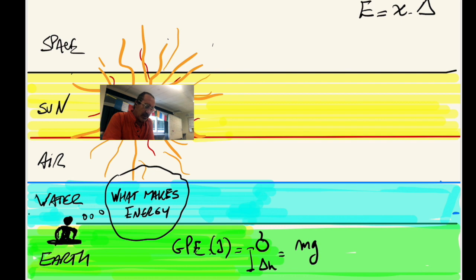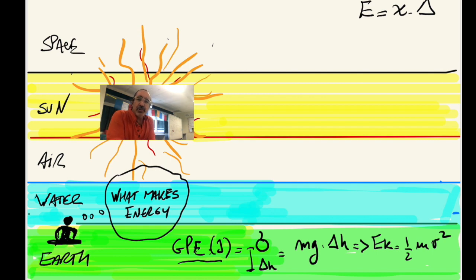So the multiplication of the weight of the apple, mg, times the height of the apple will give us the amount of gravitational potential energy that then could be transformed into kinetic energy. And we saw this equation before, right? So transformation of gravitational potential energy, energy of position, could be in the form of kinetic energy.